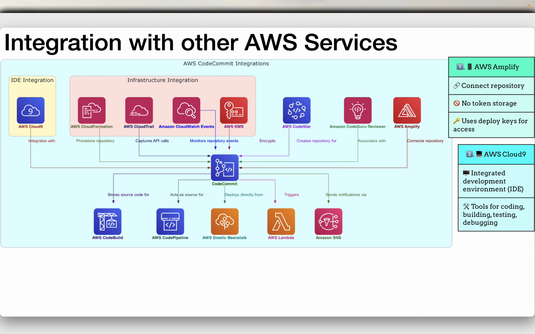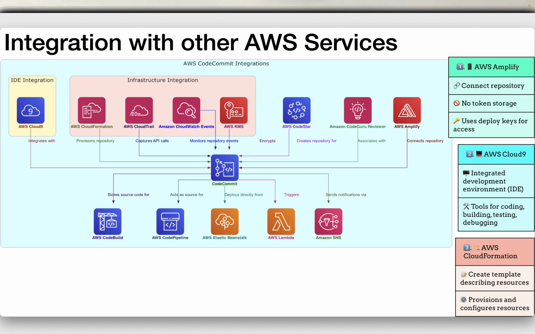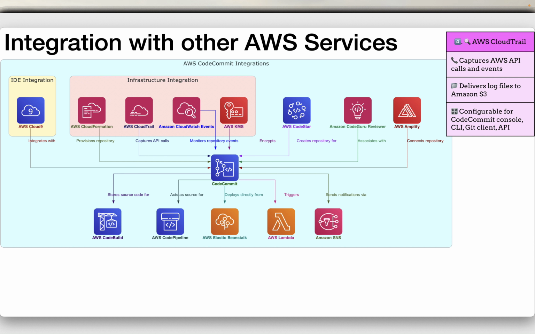Third, AWS CloudFormation helps you model and set up AWS resources, including CodeCommit repositories. You create a template describing the resources and CloudFormation takes care of provisioning and configuring them. Fourth one, AWS CloudTrail. CloudTrail captures AWS API calls and related events made by or on behalf of an AWS account and delivers log files to a specific AWS S3 bucket.